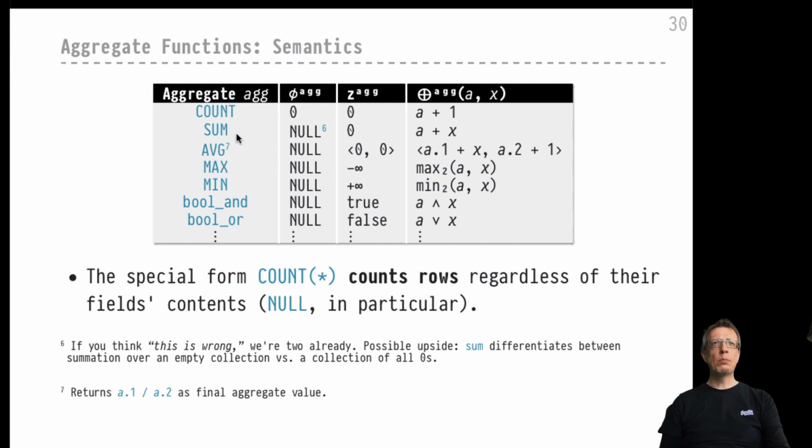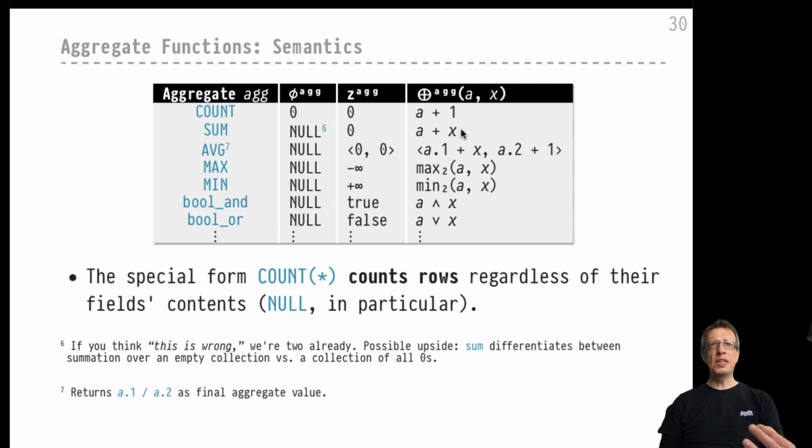Other aggregates behave a bit differently. So, for example, the sum aggregate will start out with the value 0, but then of course add x itself to the running sum that is currently being maintained, and we will compute the sum of all the values in the collection as a final result.